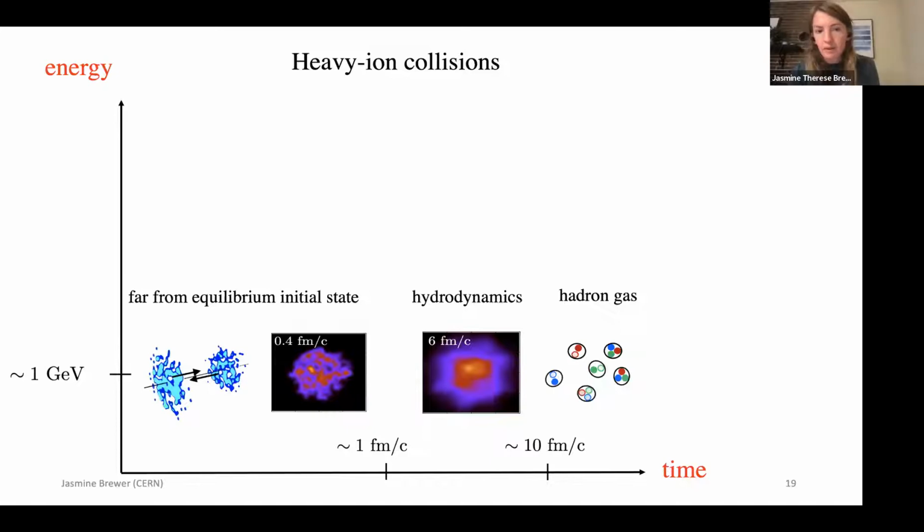I won't really go into any details on my work. I want to try to give, hopefully especially for the students, a little bit of an introduction to what I see as the picture of the evolution of a heavy ion collision.